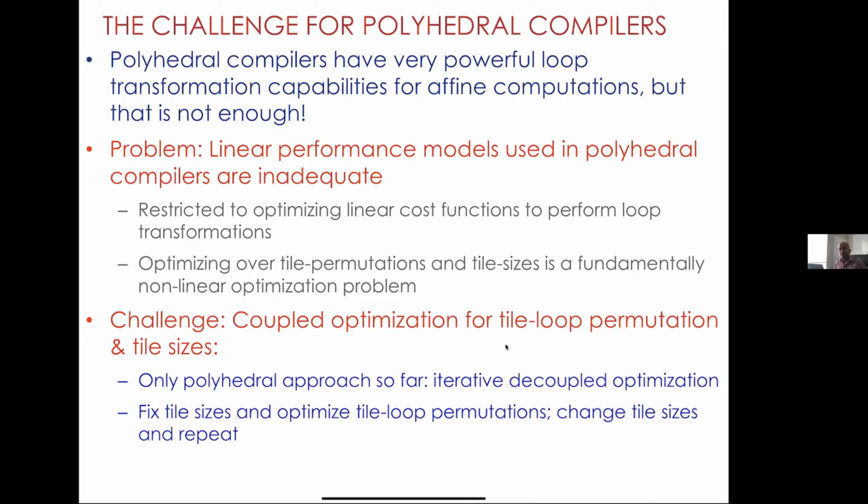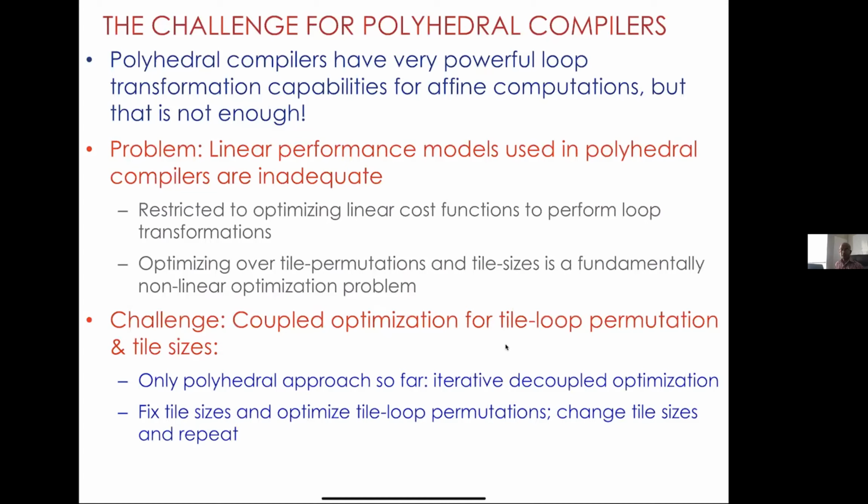So the polyhedral compilers are currently only able to do a restricted search. In fact, it has to be a decoupled solution for optimizing tile permutations and tile sizes; currently it can only do an iterative decoupled optimization.